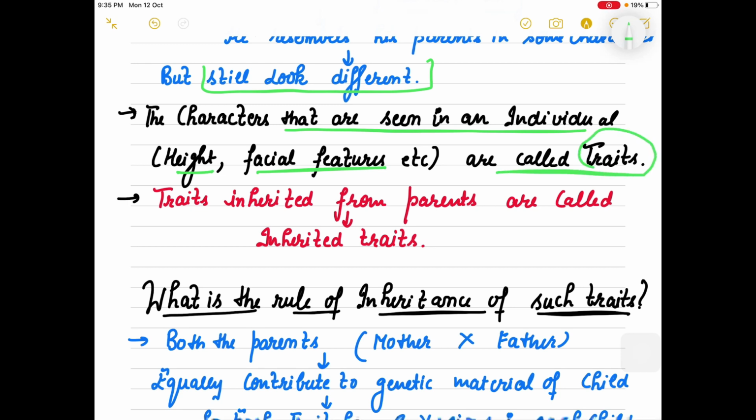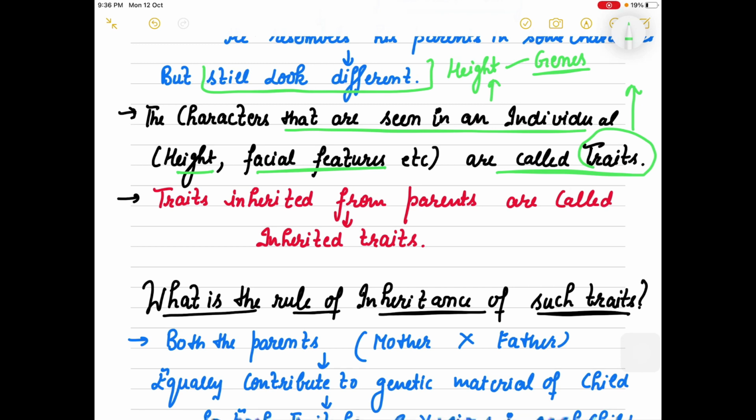Now children, please, many of you are confused about what a trait is. See, if height is coming into you, how is it coming? Through the genes, right? If the genes coming from your parents are there, only then you are showing the height, you are showing that character.